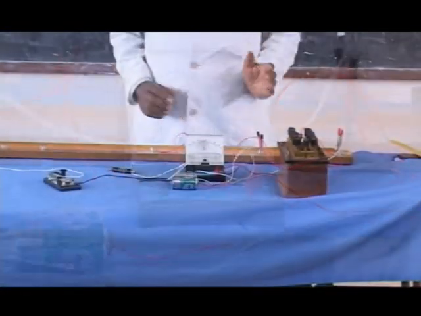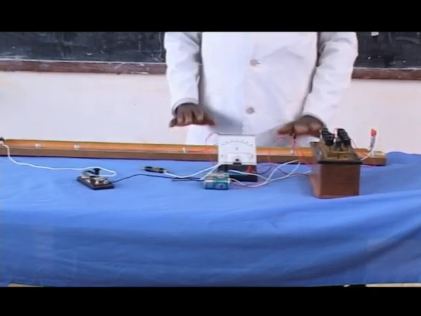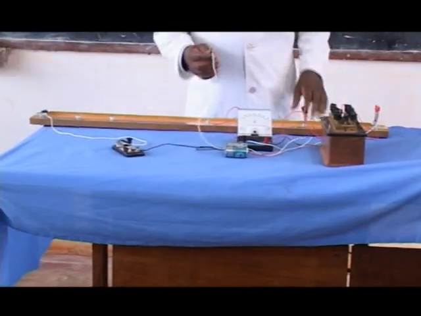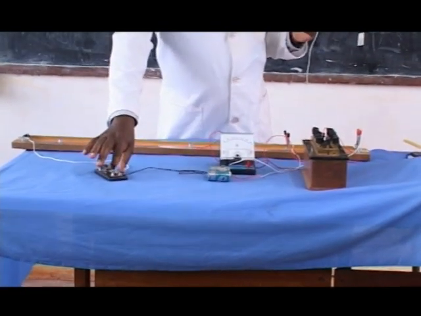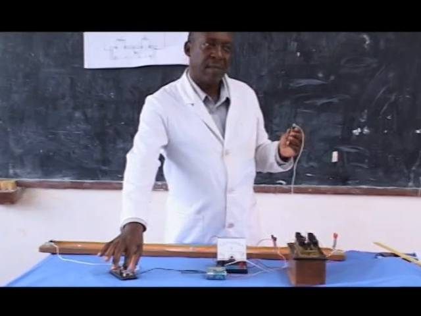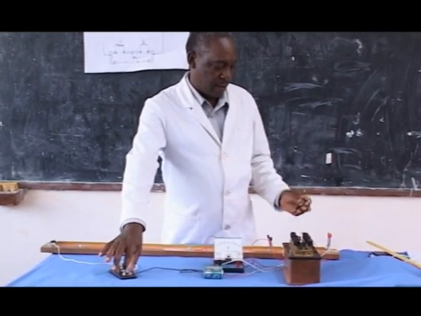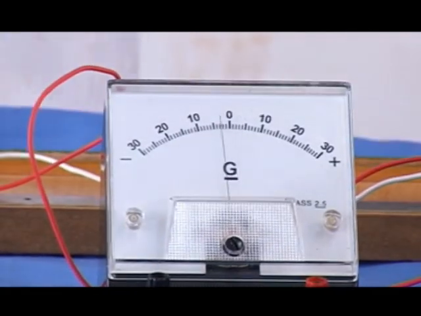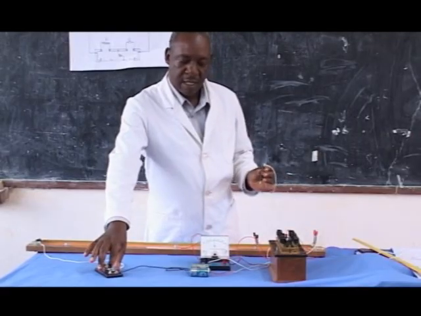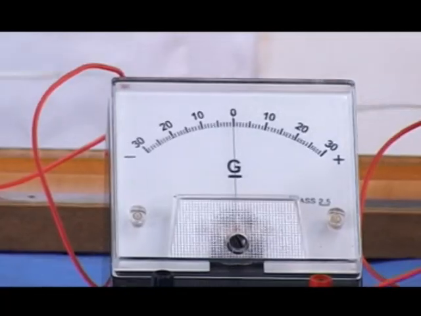jockey. To test your circuit, take the jockey and close the switch. Touch on the left hand side of the meter bridge, the deflection is there. Touch the other part.